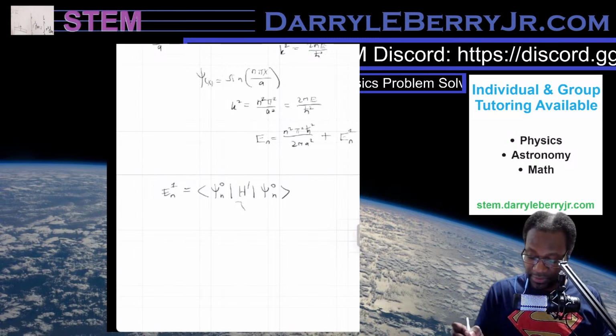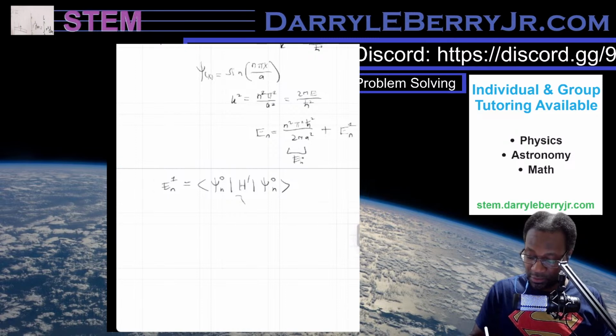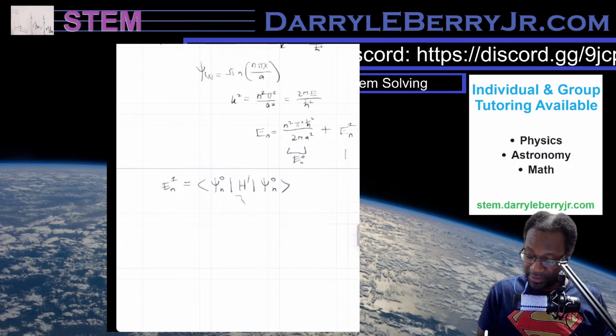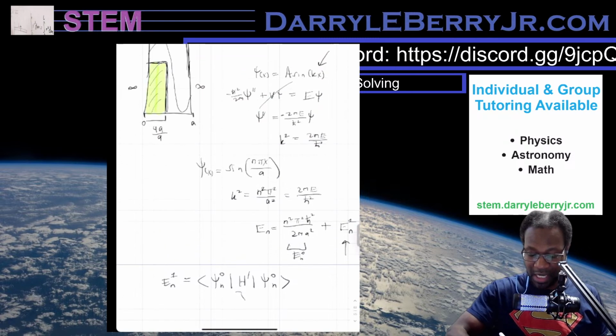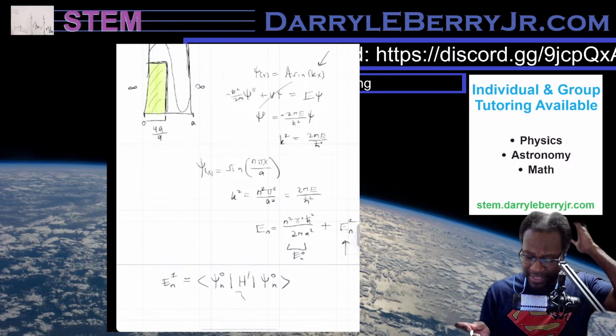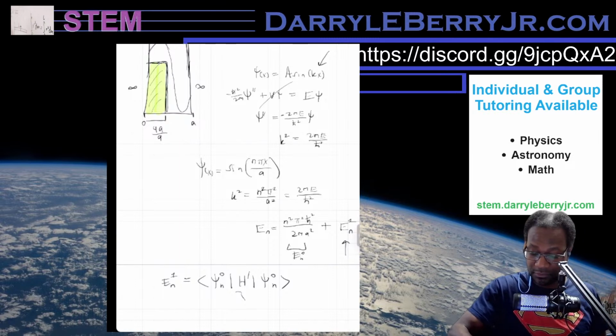So we can basically call this E_n. This is E_n naught, the default energy, if we did not have a perturbation. And this is the correction to the energy, meaning how much this energy would increase on this left side. And let's say that the energy over here is V naught.